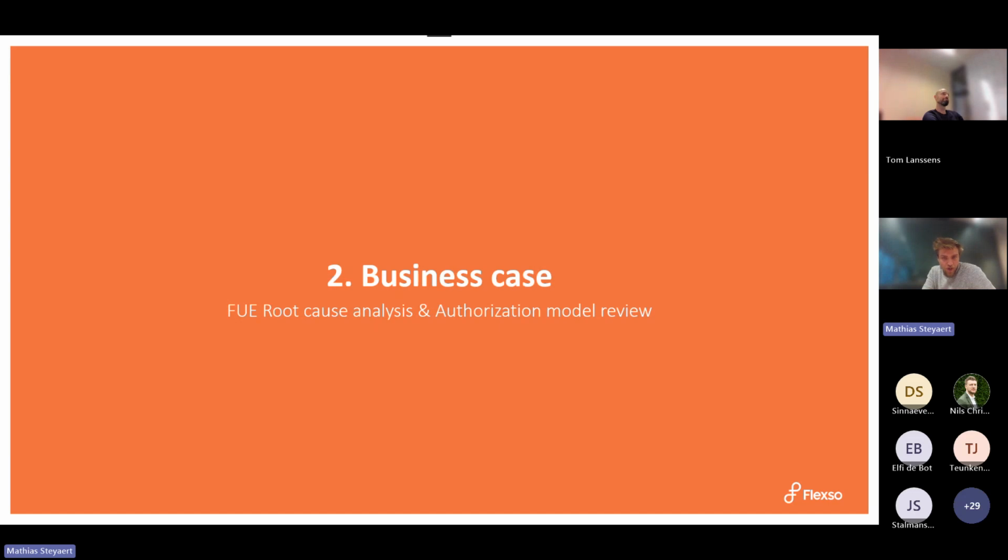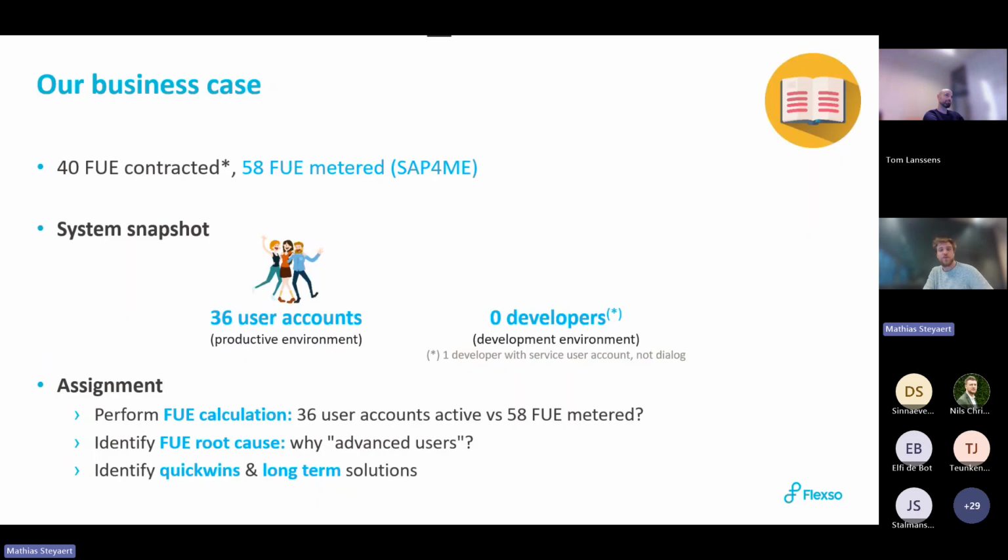So then we come to our business case with the root cause analysis and the review of the authorization model of this specific customer. Again, the business case was with 40 FUEs contracted. Now the minimum amount is 60. So that company had 40 FUEs contracted and 58 FUEs metered in the SAP for Me application.